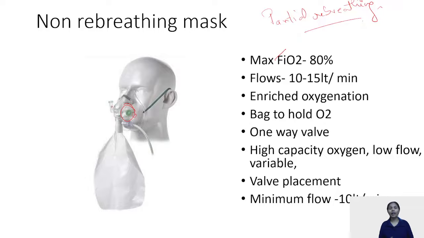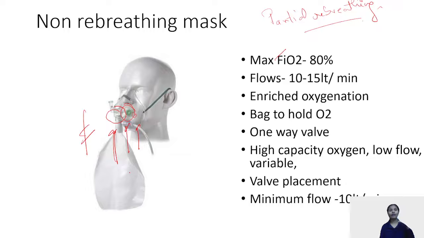What happens in the partial rebreathing mask is this. One more thing, other than these two valves, there is one side valve which is present between the mask and the reservoir bag. This is also a one-way valve, which allows the oxygen to flow from the bag to the patient, but it does not allow the reverse, from the patient to the bag, because of the presence of that one-sided valve.